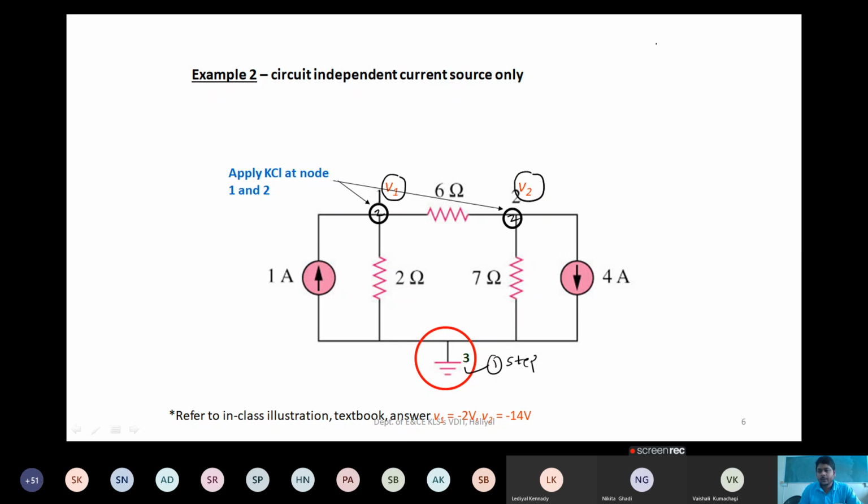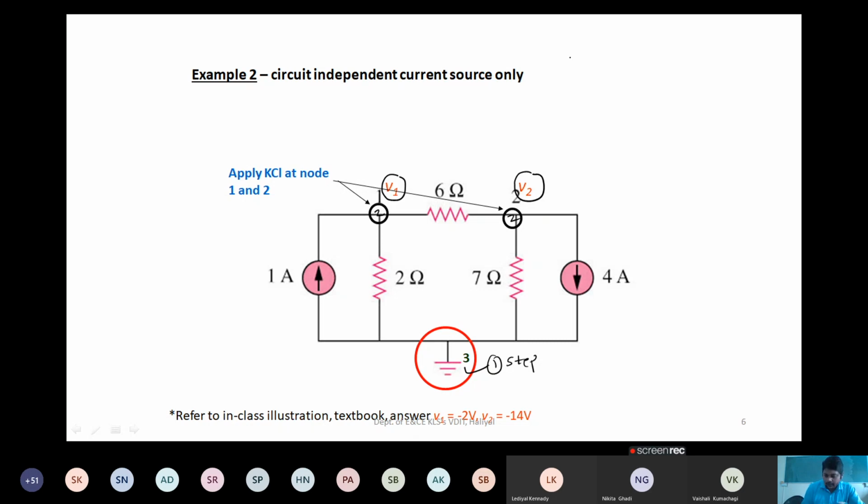It is not mandatory to label them V1, V2, V3 only; you can write Vx, Vy, Vz also. If there are plenty of nodes, then it is better to use V1, V2, V3 and so on. Now, what is the third step? If I ask you to calculate the voltages V1 and V2.